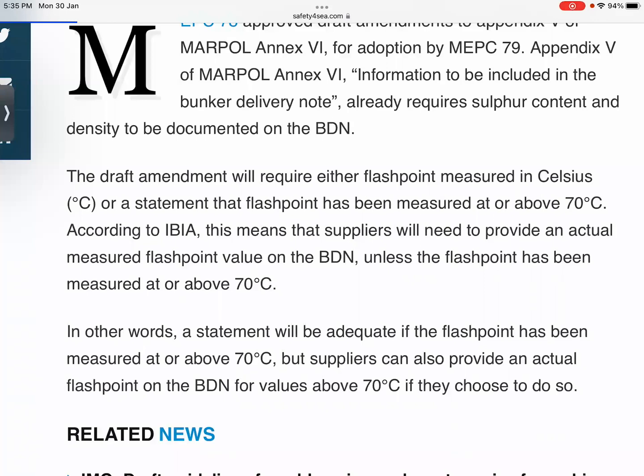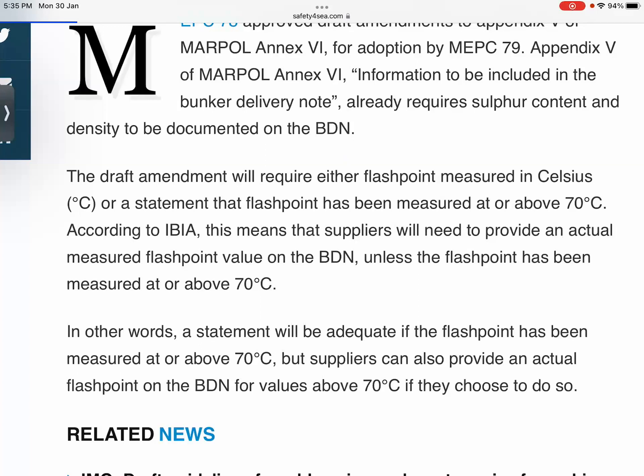Suppose your flash point is less than 70, then you have to mention the exact mathematical value. If you have tested the flash point above 70, in that case there is no need to mention the mathematical value. Just write a statement that our fuel has been tested above 70 degrees Celsius.